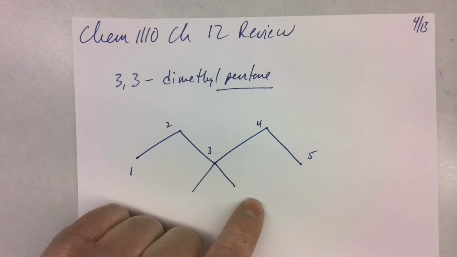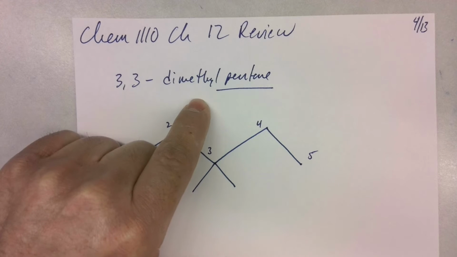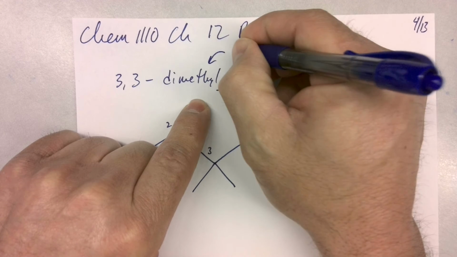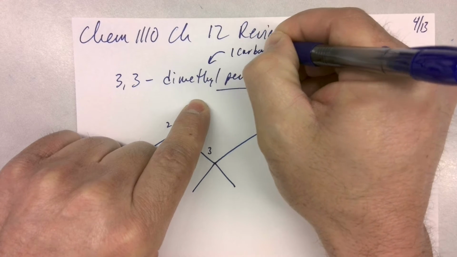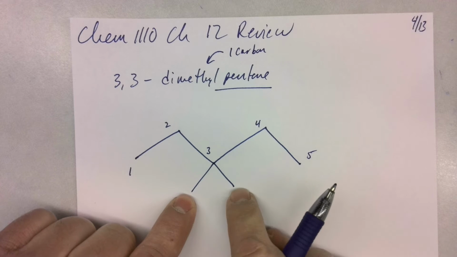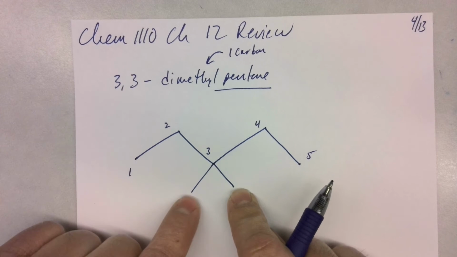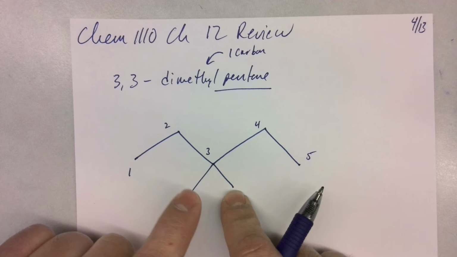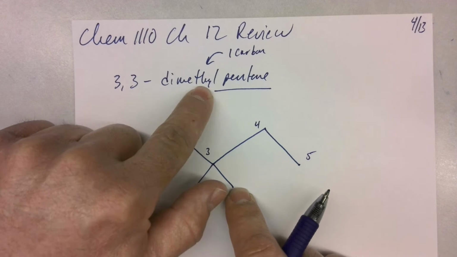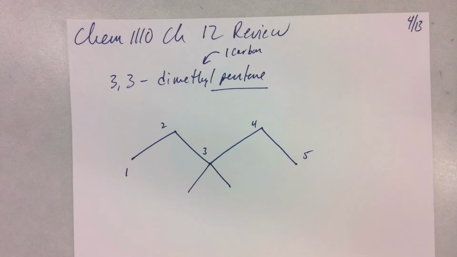Now why do I only have 1 line? Because it's a methyl, and a methyl signifies that it is only 1 carbon, right? And there's a carbon there, and there's a carbon there, right? So I've got 3, 3, except they're both coming off the third carbon, so I've got 3,3-dimethylpentane.